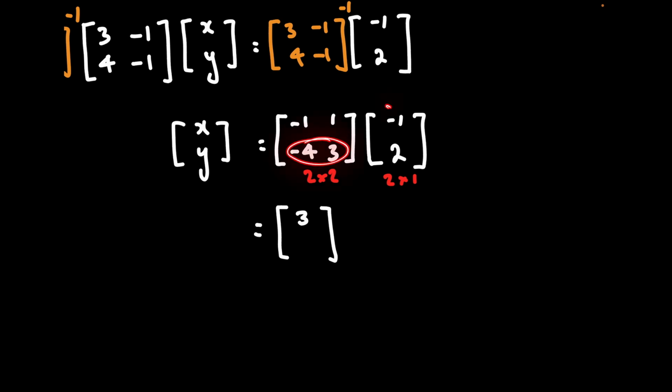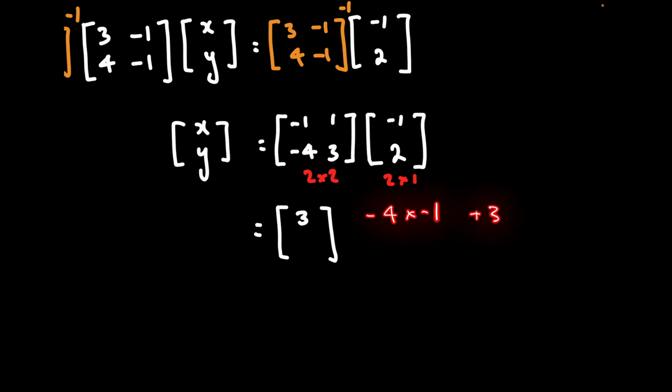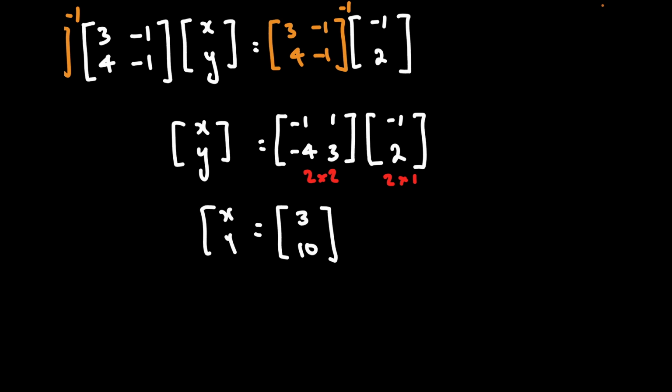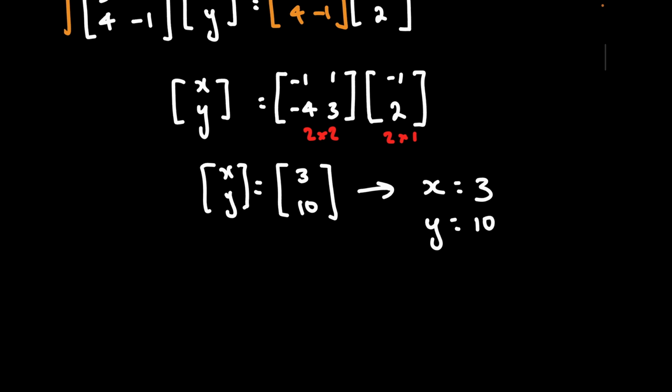Then for the second row, -4 times -1 plus 3 times 2 gives us 4 plus 6, which is 10. So there you go, xy is equal to 3, 10. What that means is that x is going to equal 3, and y is going to equal 10.